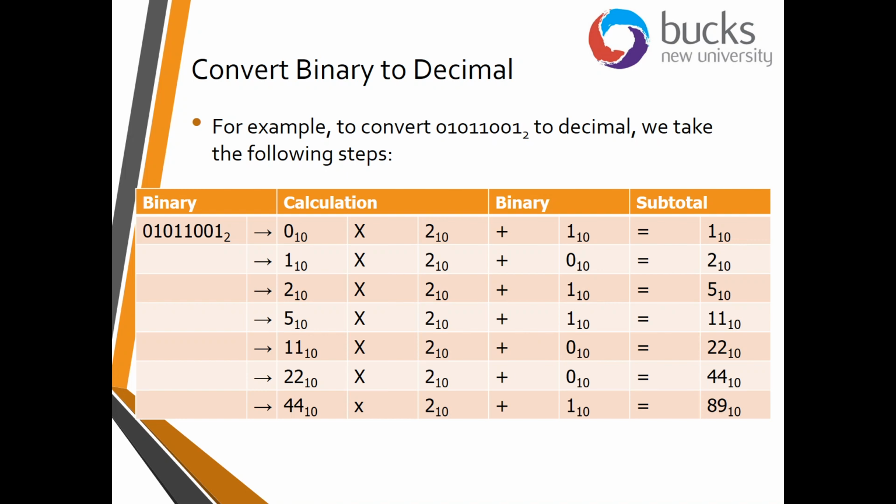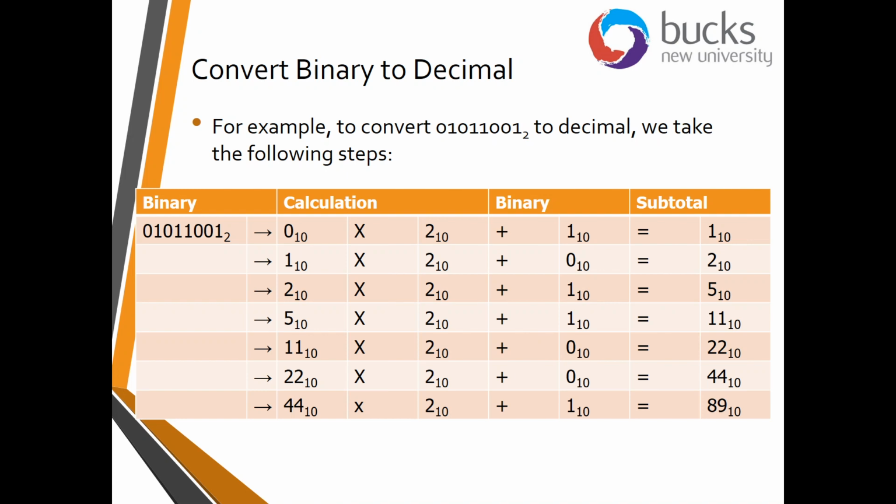Bring it down: 2 times 2 is 4, plus the 1 bit gives us 5. 5 times 2 is 10, plus the next bit, a 1, is 11. 11 times 2 is 22, plus a 0, so 22. 22 times 2 is 44, adding a 0 bit, so 44. Finally, 44 times 2 is 88, plus the last 1 bit, which gives us 89.